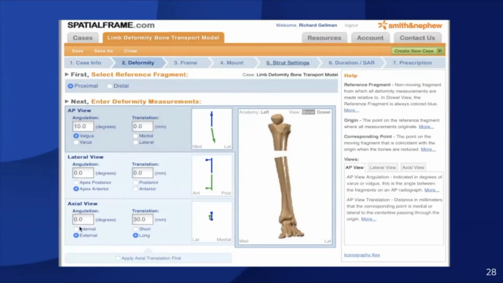And then axial view will go with angulation, which is internal external rotation, and translation is sort of axial translation, is lengthening or shortening. And if you click this box at the bottom, you can apply axial translation first.